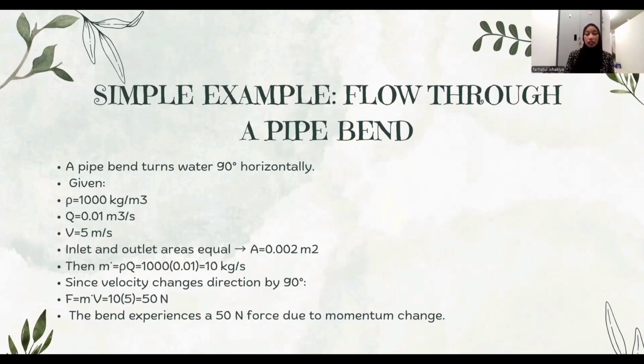Since the flow velocity is 5 meters per second and the direction changes by 90 degrees, the momentum also changes direction. As a result, the pipe bend experiences a force of about 50 newtons due to the momentum change. This simple example shows how a change in flow direction can create noticeable force on pipe components.